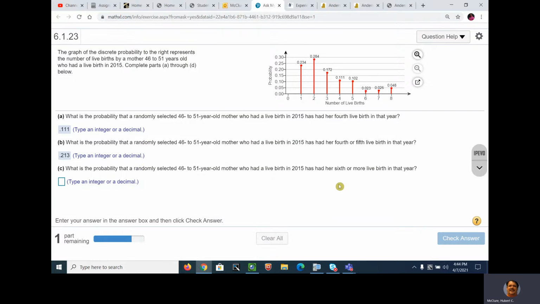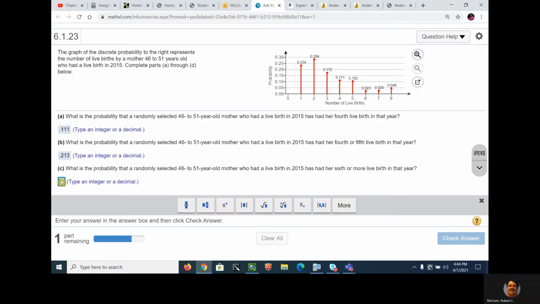Next, 6 or more. 6 or more means 6, 7, and 8. So 2 cent and 2 cent is 4 cent, and 4 cent and 4 cent is 8 cent. And then 3 and 6 is 9, so that's 0.097.